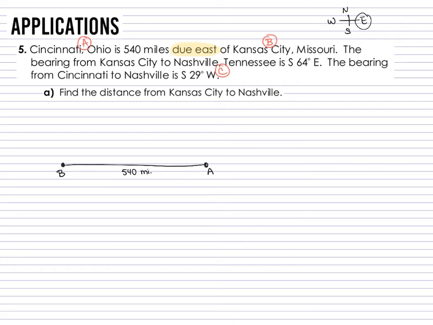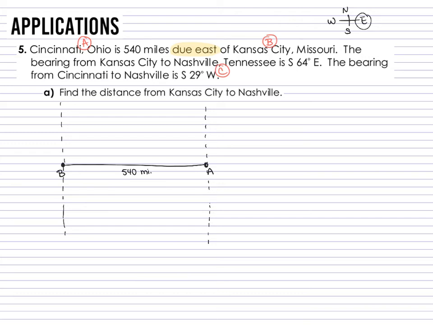Now it says the bearing from Kansas City to Nashville, Tennessee is south 64 degrees east. So what that means is if we draw a vertical line, we're doing Kansas City first, so I draw my vertical line through Kansas City.